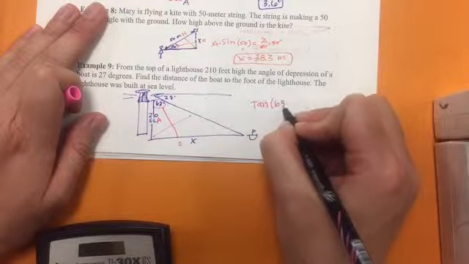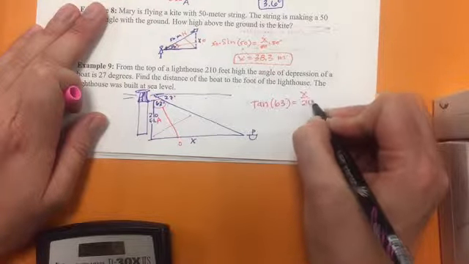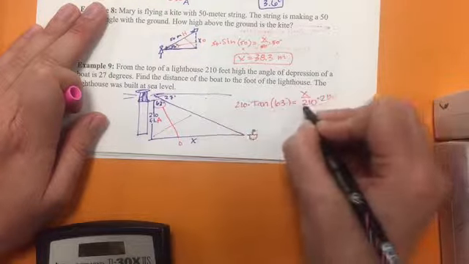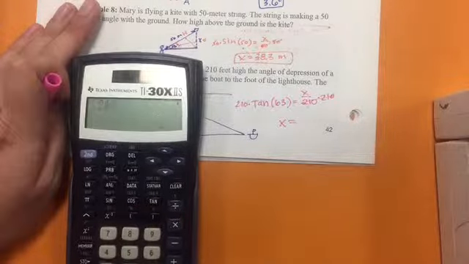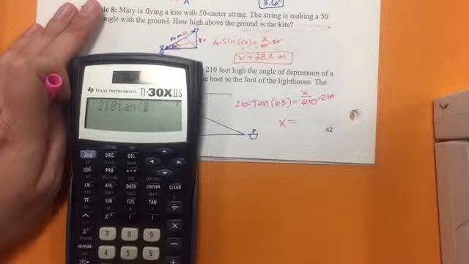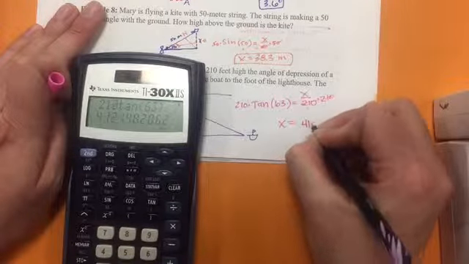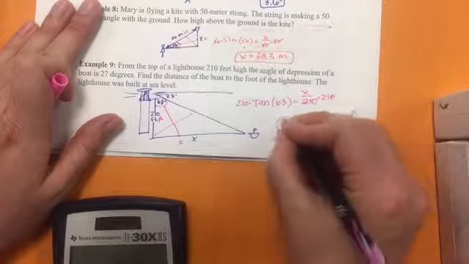Tangent of 63 equals O over A times by 210, and X is equal to 210 tangent of 63, which gives me the boat is 412 feet from the bottom of that lighthouse.